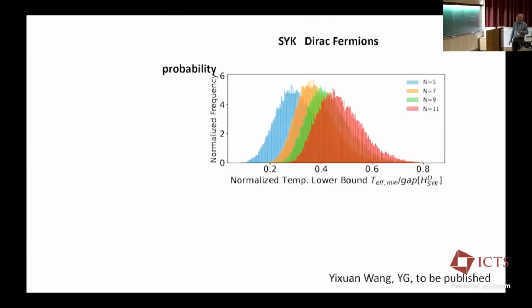So here is an example. Unsteerable state, SYK chain of Dirac fermions, different sizes of chains, and each histogram, each color is for different size of chain, and these are different runs.